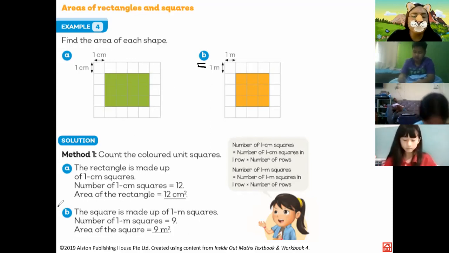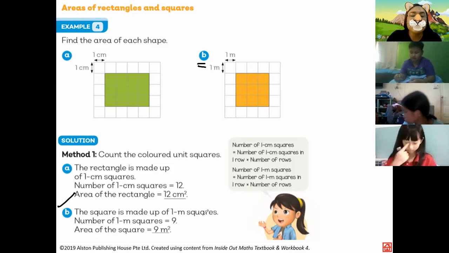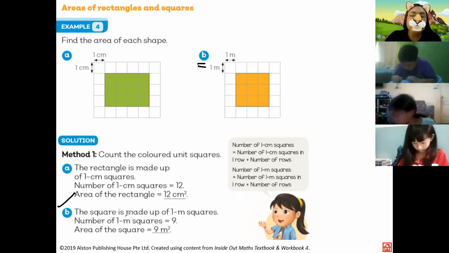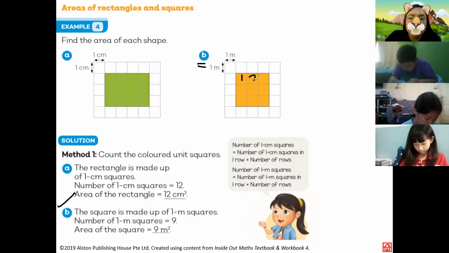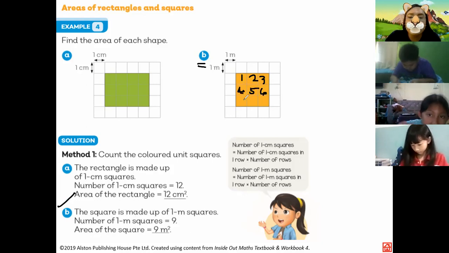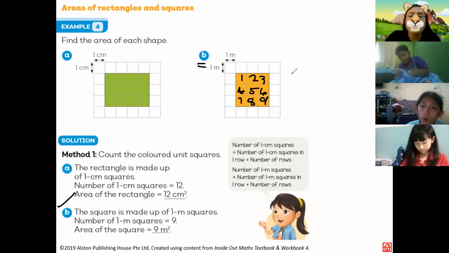Here's the solution. The square is made up of 1 meter squares. The number of 1 meter squares is 9. So 1, 2, 3, 4, 5, 6, 7, 8, and 9.